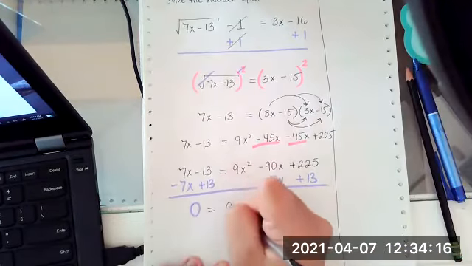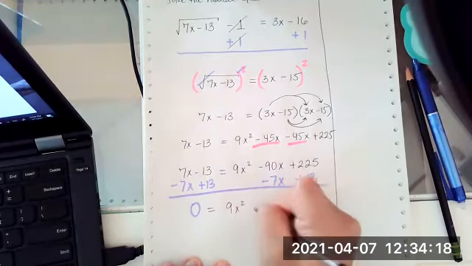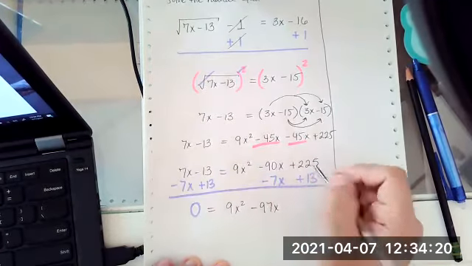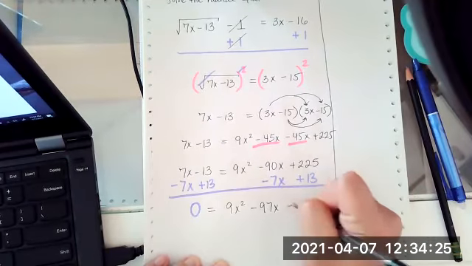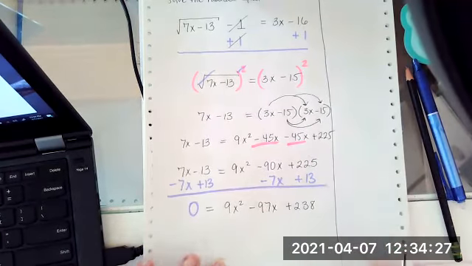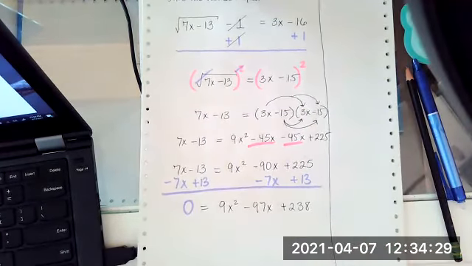So I have 0 is equal to 9x squared minus 97x. And then that'll be an 8, 3. So plus 238.